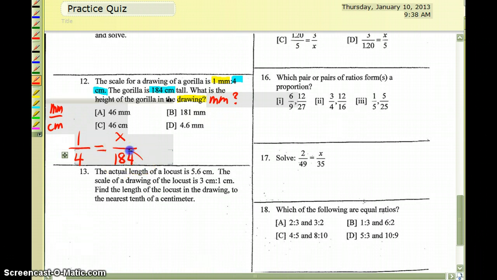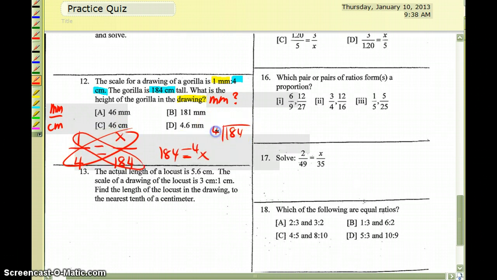So there's my proportion. Cross multiply that, 184 is equal to 4x. Then I'm going to divide 184 by 4. If I divide that, I will get 46. And there's my answer right there, A.